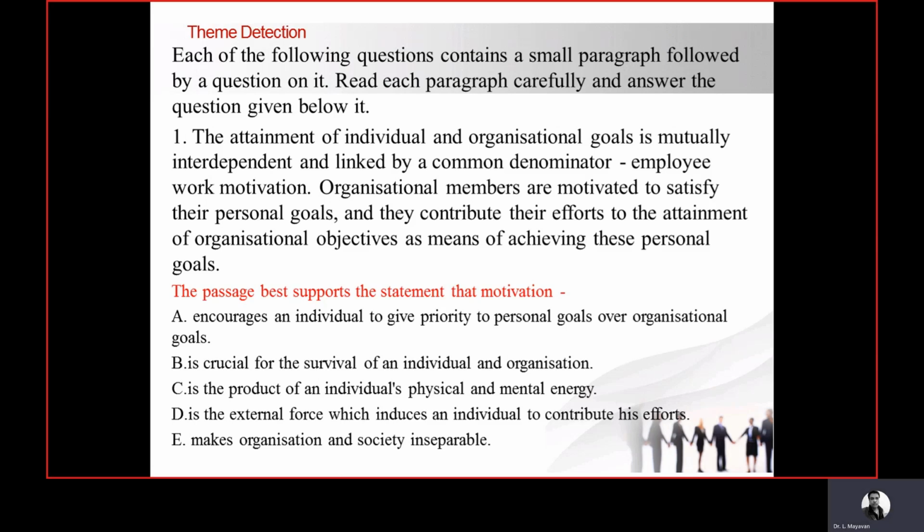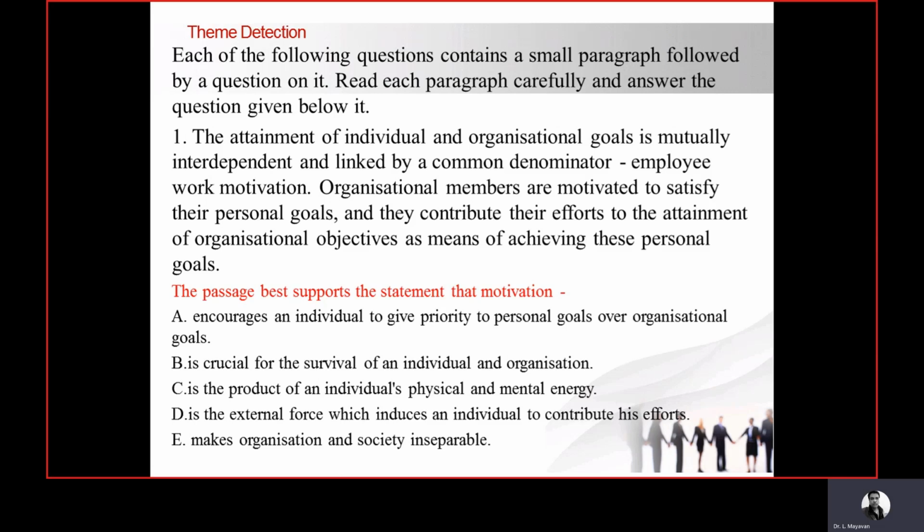B, is crucial for the survival of an individual and organization. C, is the product of an individual's physical and mental energy. Option D is the external force which induces an individual to contribute his efforts. And option E makes organization and society inseparable. So out of these options, which is best suited in terms of theme from the given passage?